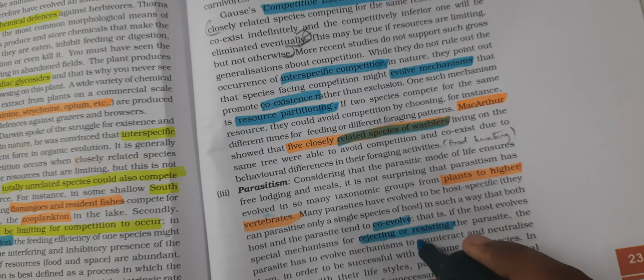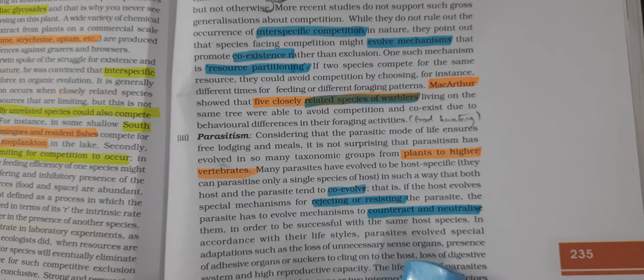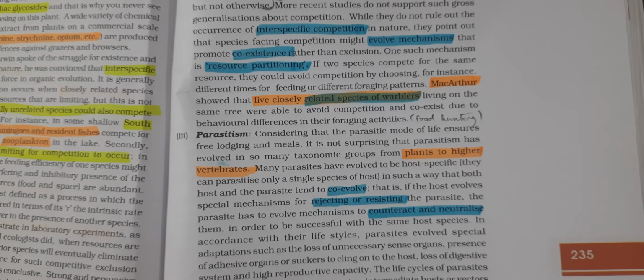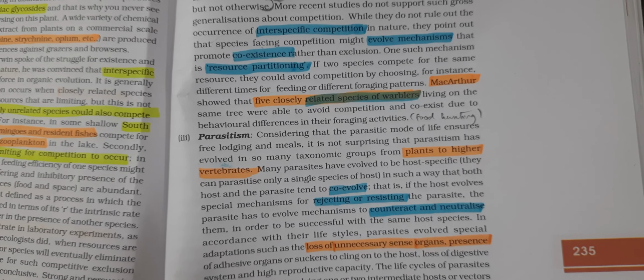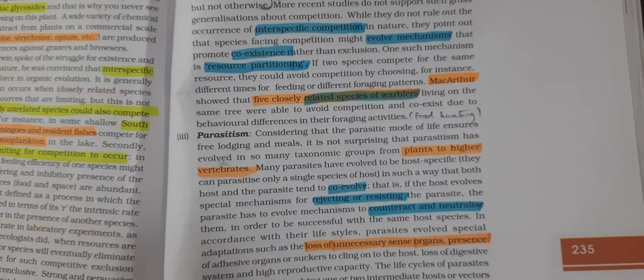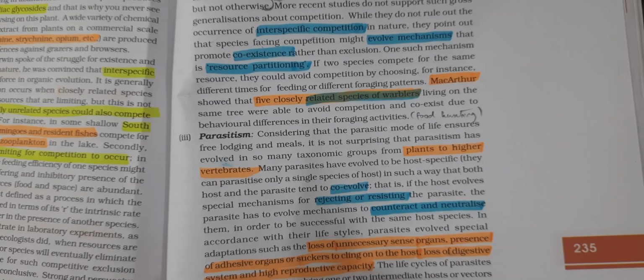In accordance with their lifestyle, parasites evolved special adaptations such as the loss of unnecessary sense organs, presence of adhesive organs or suckers to cling on the host, loss of digestive system, and high reproductive capacity.